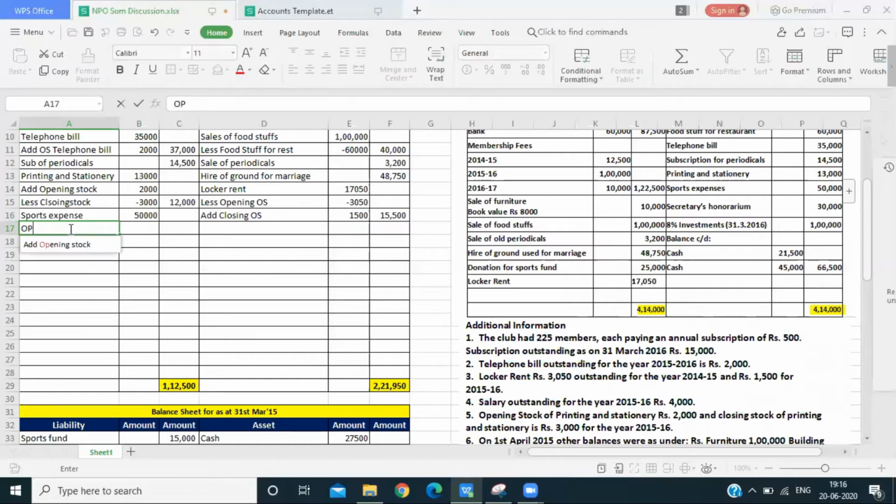Opening fund, we have a value of rupees 15,000, and in the current year the donation for sports fund is rupees 25,000.